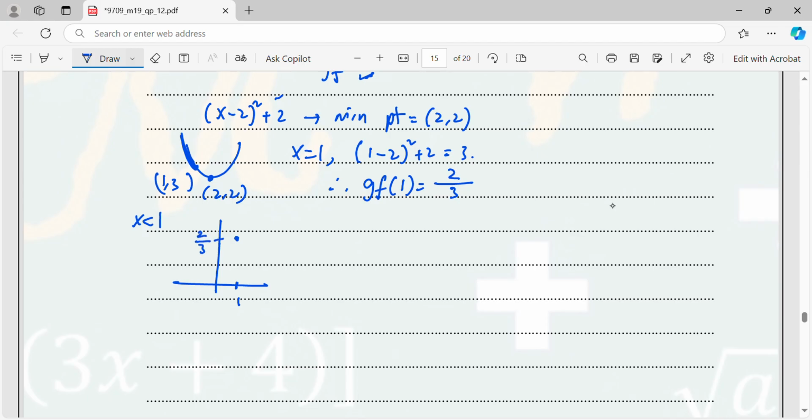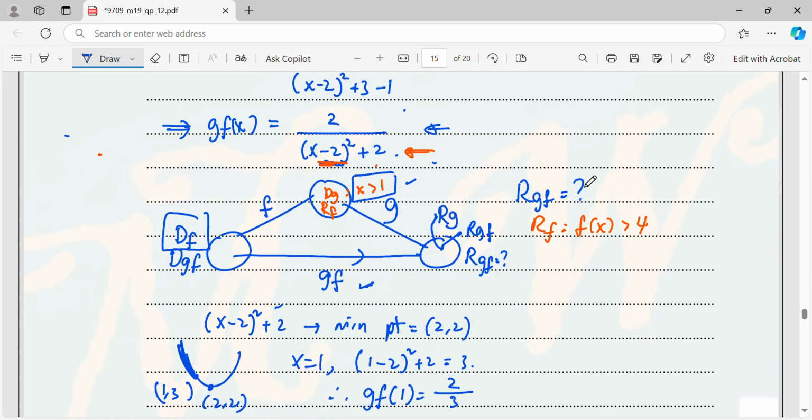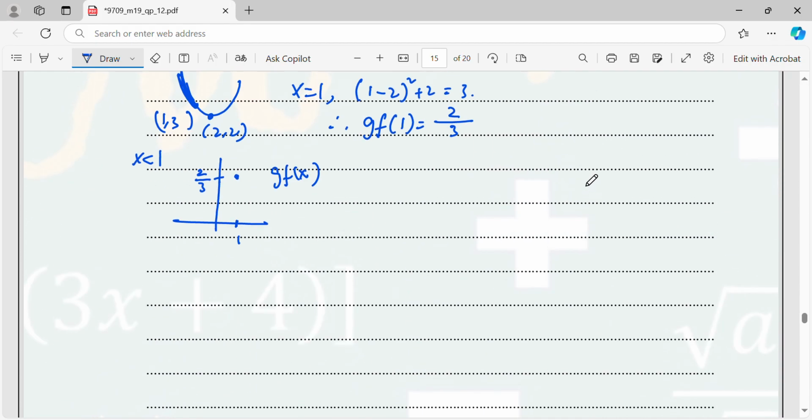If I sketch the gf graph, this part increasing, so it will be decreasing. But then when you look at the function, f of x, numerator is positive, denominator is positive because of the square, and plus 2. Whenever squared, minimum is 0, 0 plus 2, minimum is 2. So I know that it will be positive.